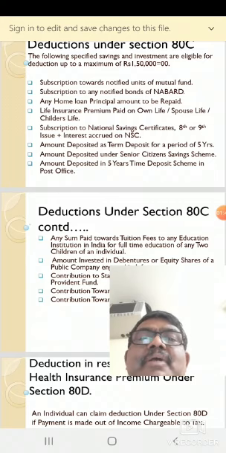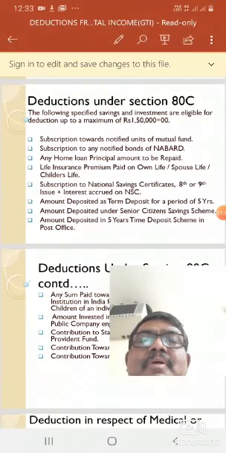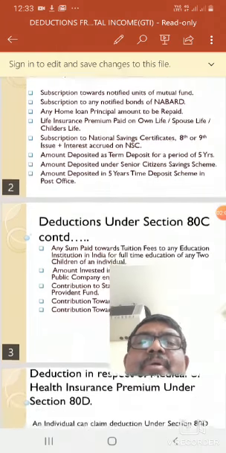Next, any home loan principal amount repaid. Next, life insurance premium paid on own life or spouse life or children's life. Spouse means it can be either husband or wife.